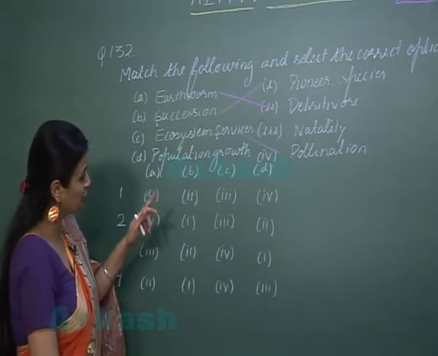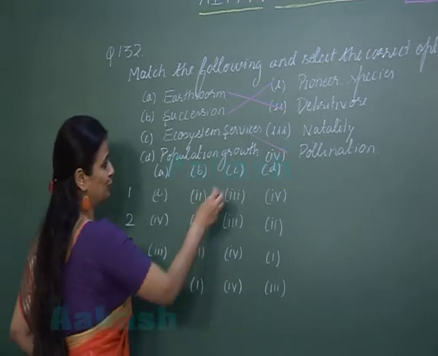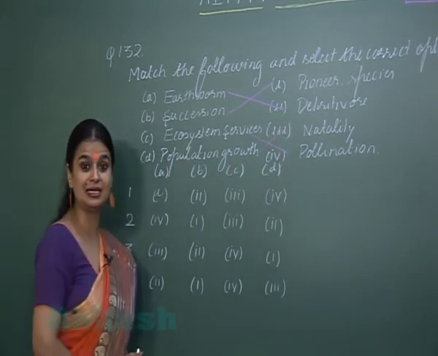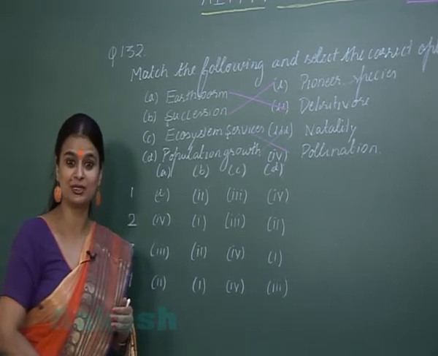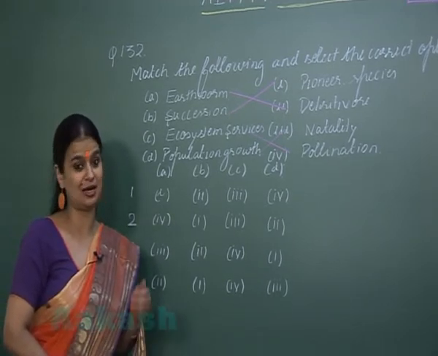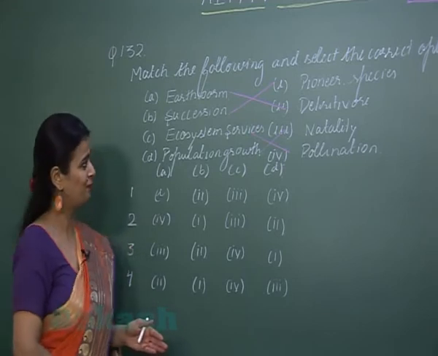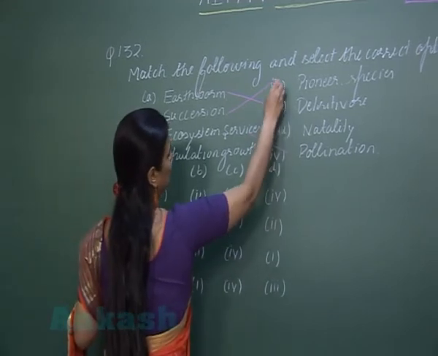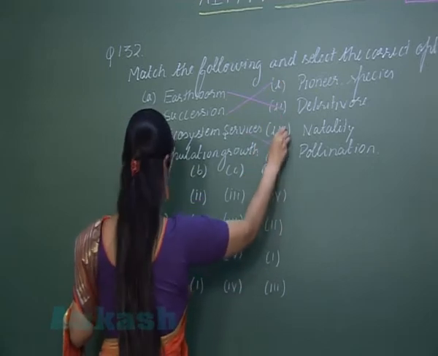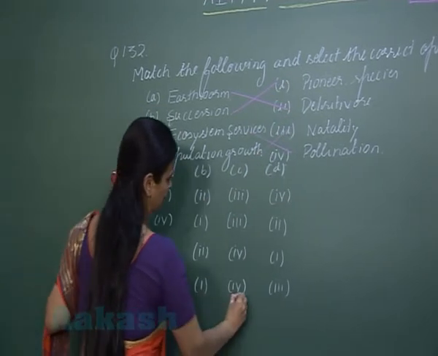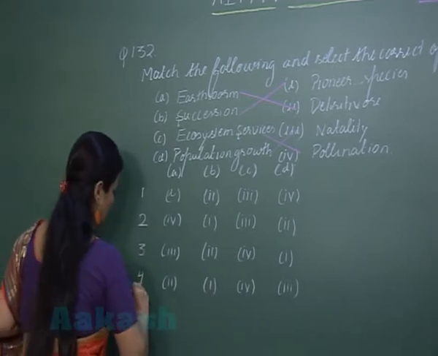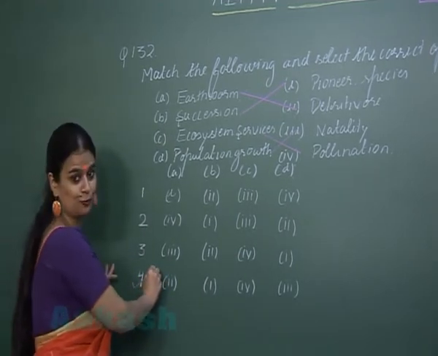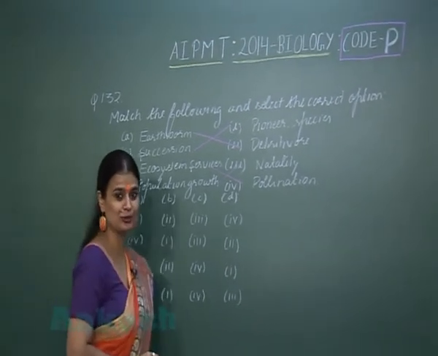Now population growth is controlled by natality. Natality is the number of births per unit area per unit time. Fine. So what is the right option? 2143. So the right option for this question number 132 is the 4th. Now let's proceed towards the next question.